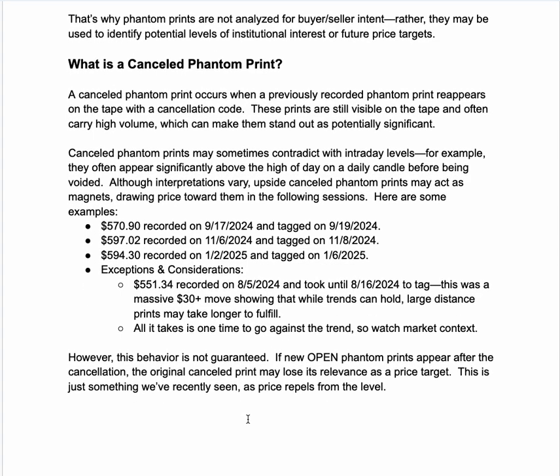They often contradict the intraday levels, and if you go to the daily candle, like the high of the day will show as that canceled Phantom print, and then that'll remove. So it's something that's printing on the daily candle. It's significant.